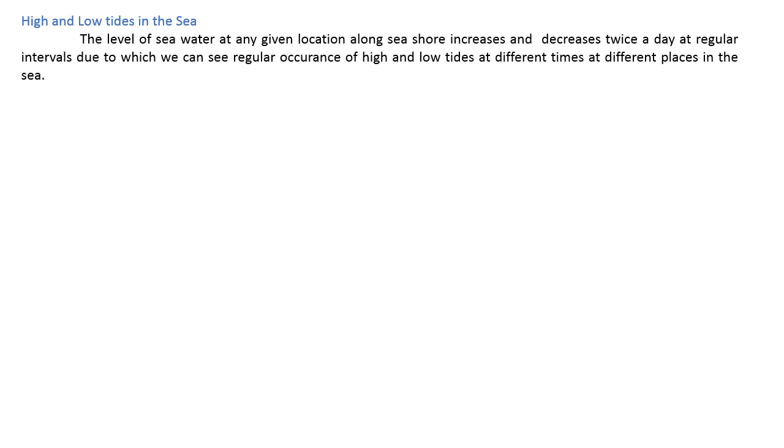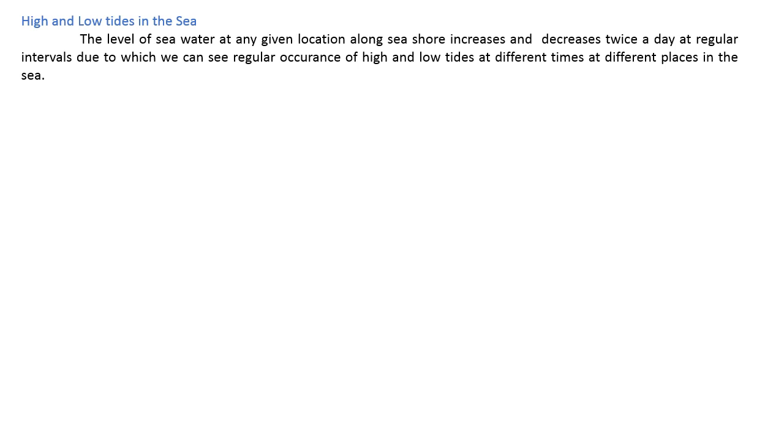The level of sea water at any given location along the seashore increases and decreases twice a day at regular intervals, due to which we can see regular occurrence of high and low tides at different times at different places in the sea.